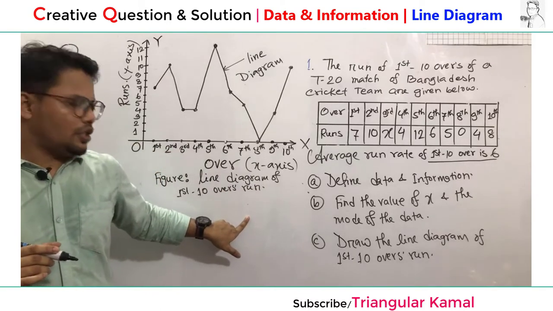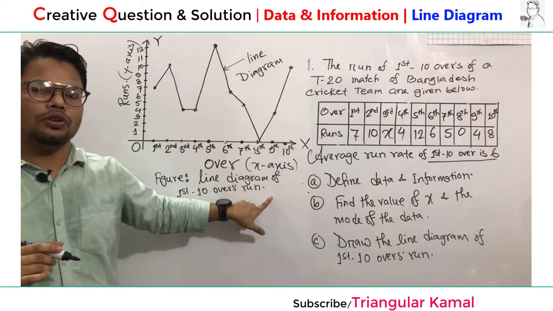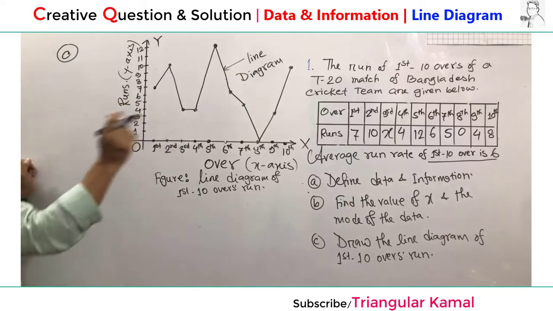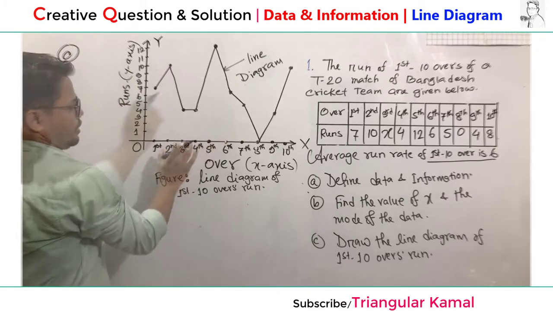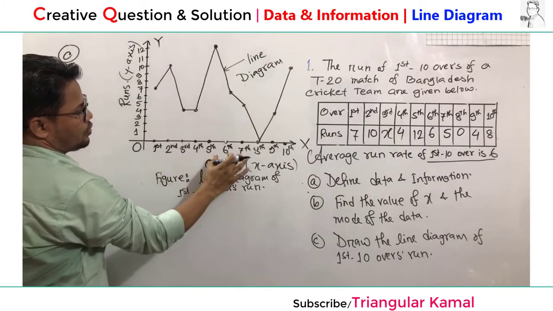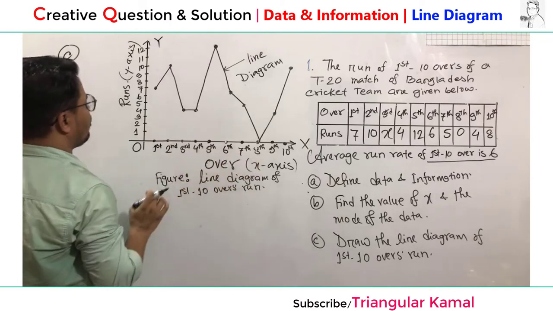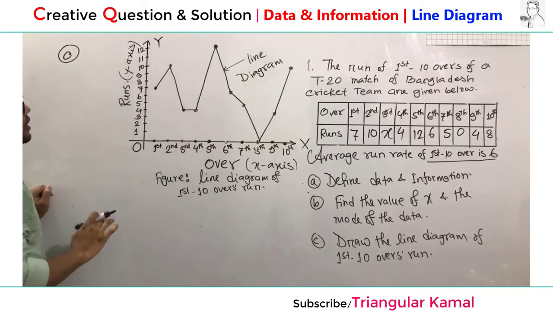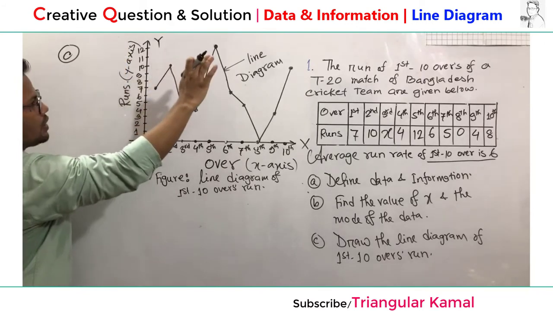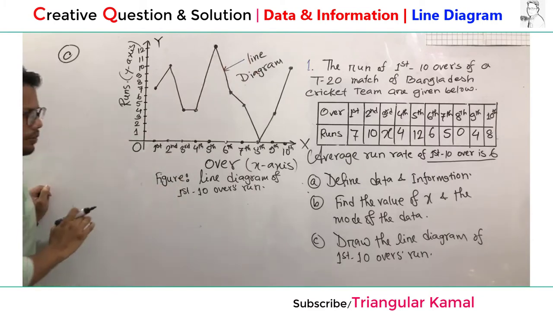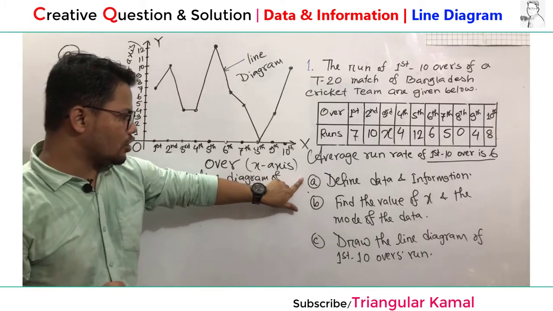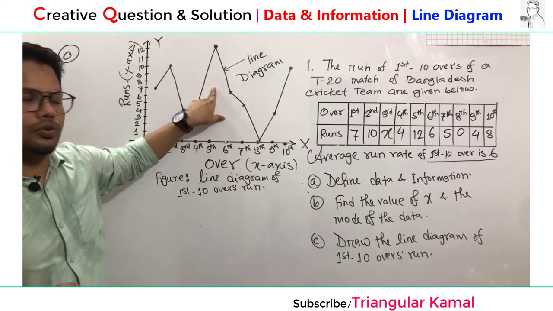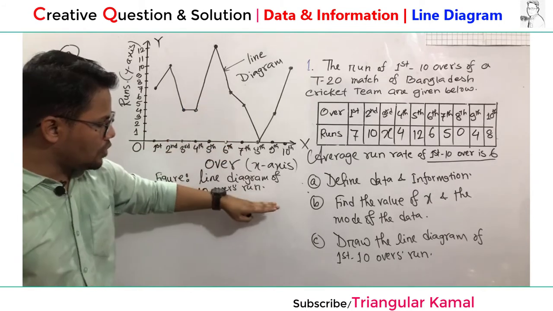So my dear students, I hope this is okay to you, and if you have any more questions, please let me know. Now we have to explain the figure. On the x-axis we have placed the overs, on the y-axis the runs successively, then we have drawn the line diagram. My dear students, in the comment section you can give your opinion on whether this figure is clear to you or not. We are going to discuss how to explain the figure.